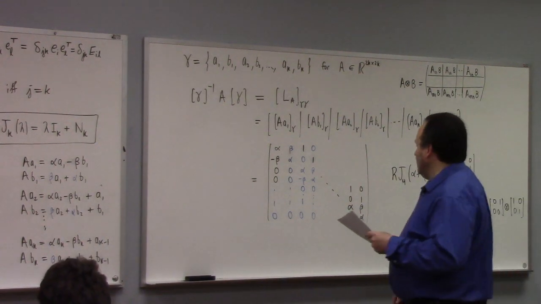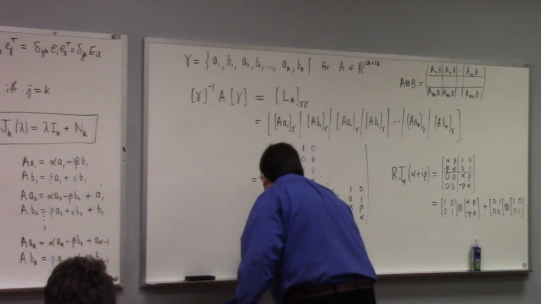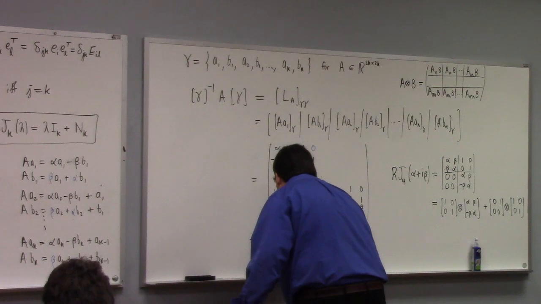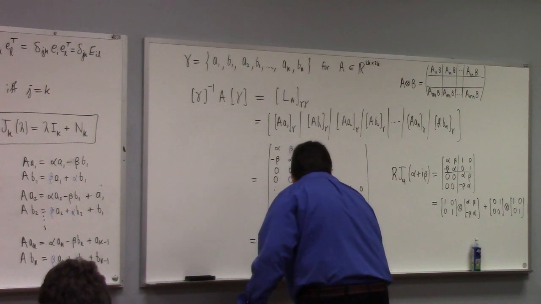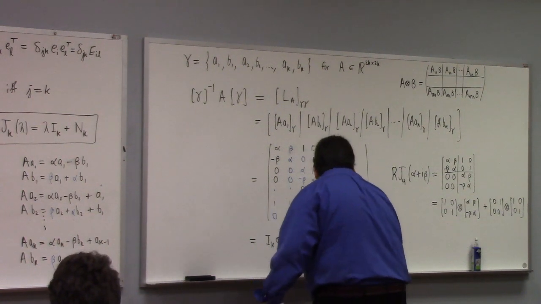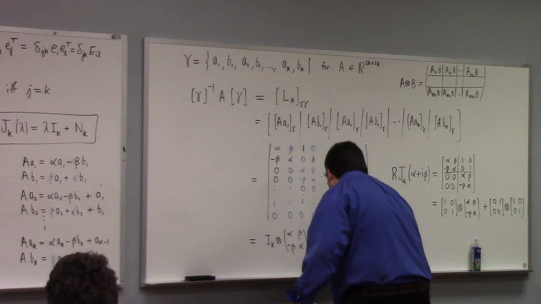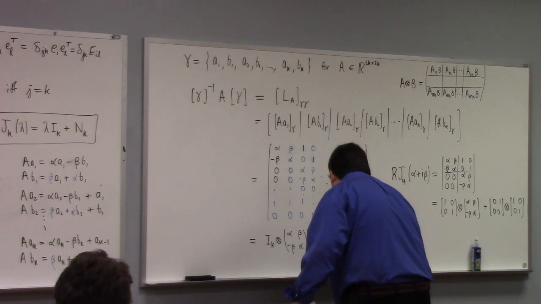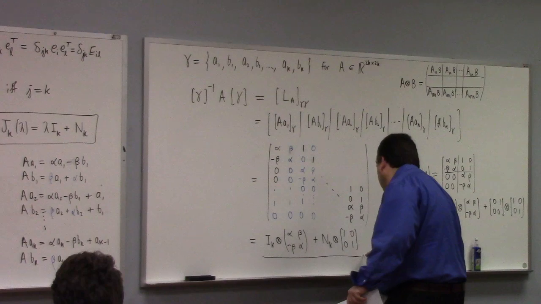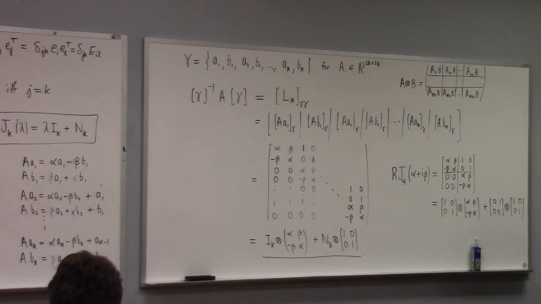And in fact, this one over here can be written simply as the k by k identity matrix tensor the alpha, beta, minus beta, alpha matrix plus N sub k tensor the 2 by 2 identity. This is a concrete formula right there. That's what it is. So this tensor is nice.